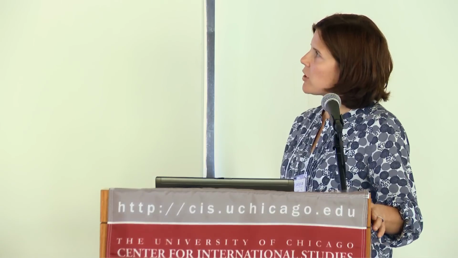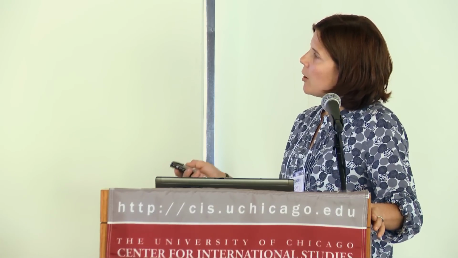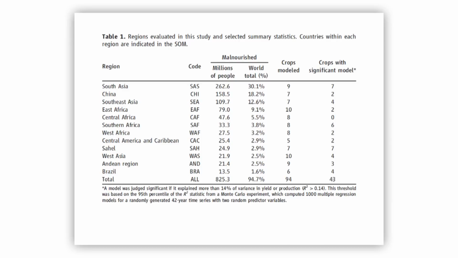These questions really are about how you assess risk and what kind of risk is the most important to you. They looked at, I think, 17 or 13 regions across the world. In total, these regions account for about 95% of the malnourished people across the world.